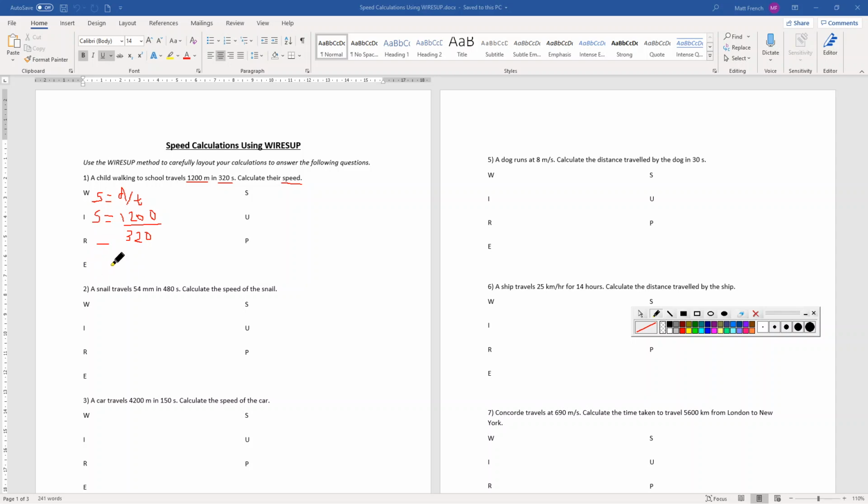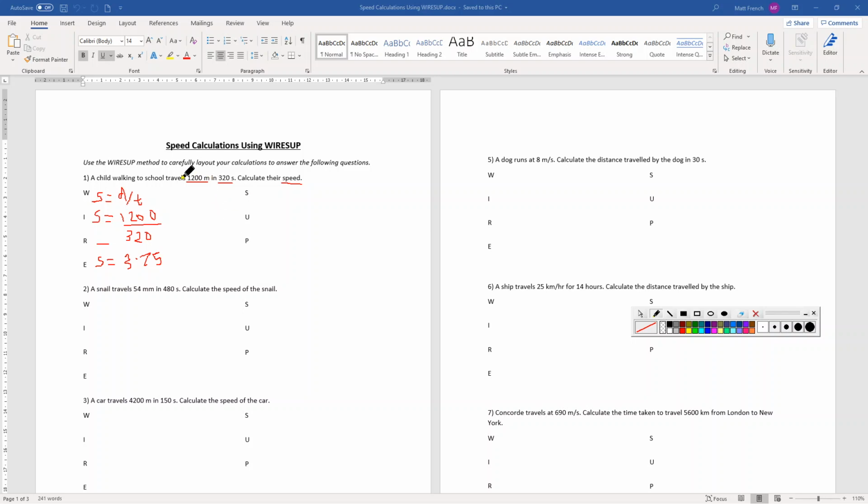Evaluate it. We might reach for our calculators if we need them, and we'll find that speed is equal to 3.75. That's what comes out of our calculators. The S means significant figures.